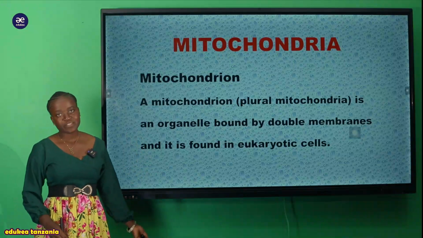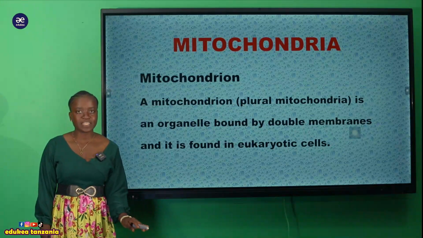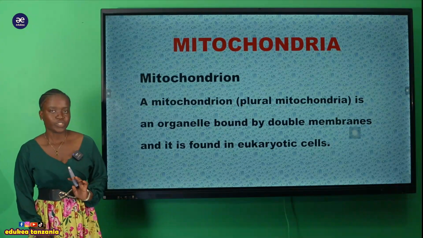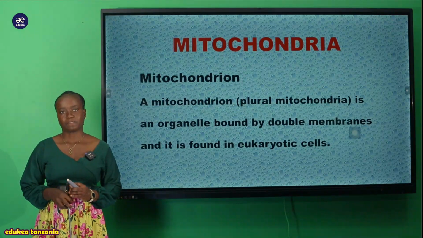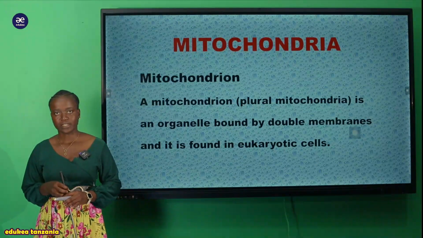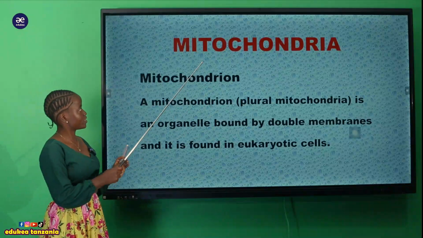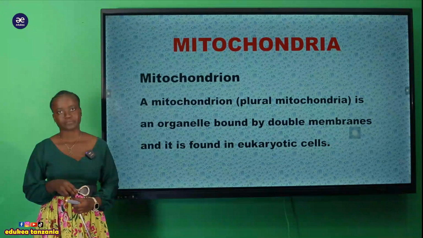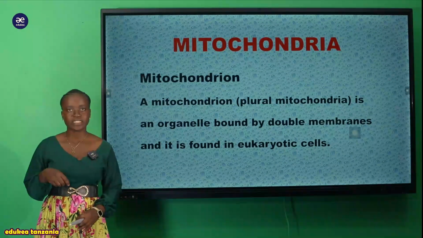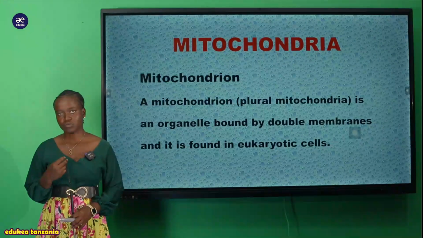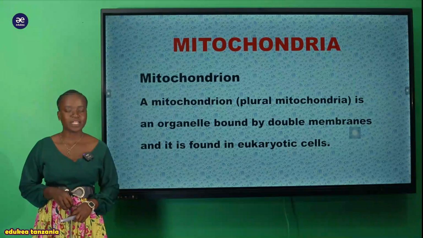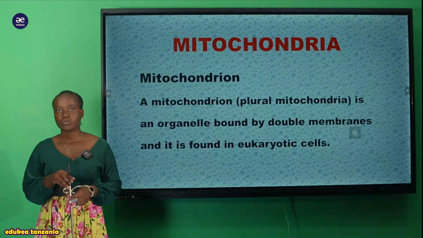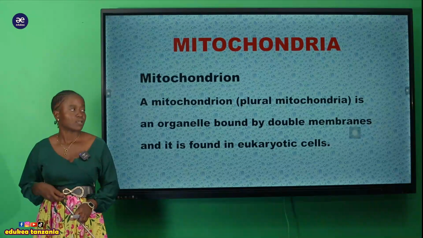So my student, we have another organelle which is very essential for the functions of a cell, and this organelle is called the mitochondria. We have to know what this mitochondria is and what the functions of this mitochondria are.